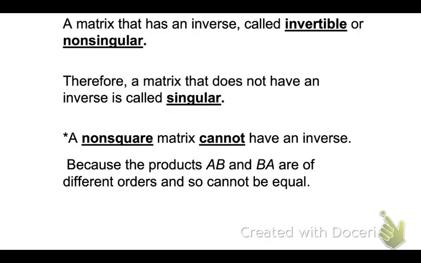But okay, so this is just some vocabulary. A matrix that has an inverse is called invertible or non-singular. Therefore, a matrix that does not have an inverse is called singular. Further on you will hear about a non-singular or singular matrix. Those are words you need to know.